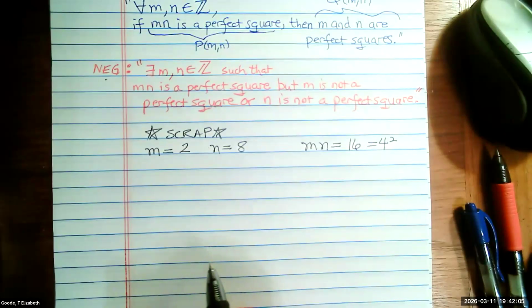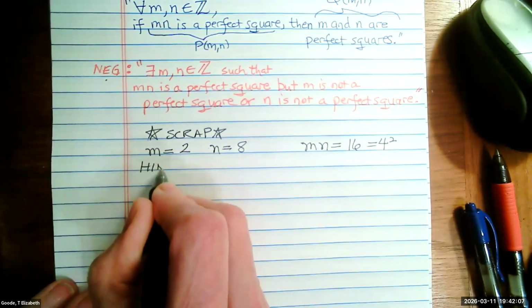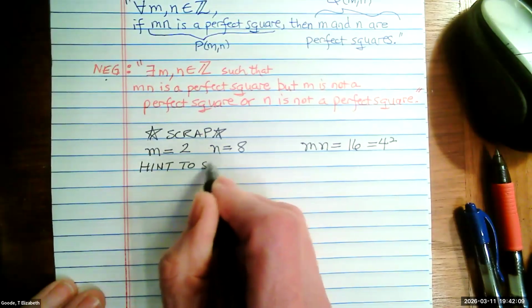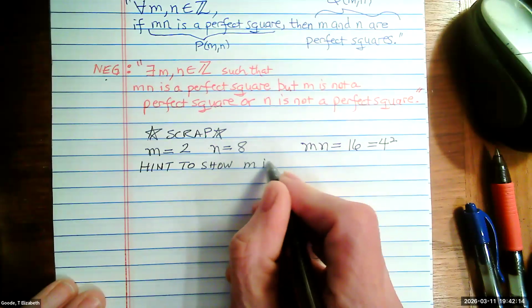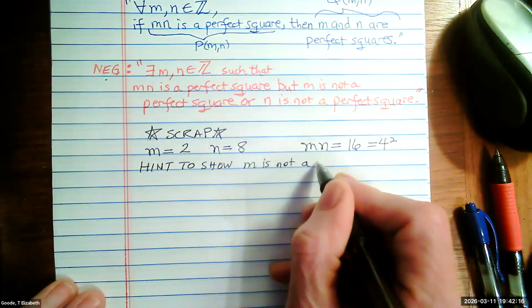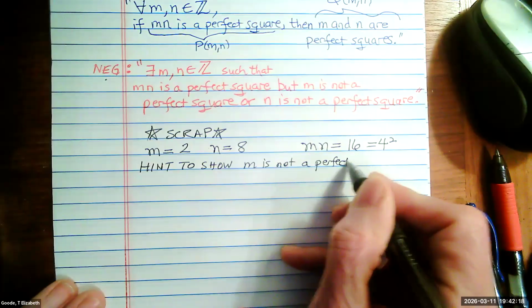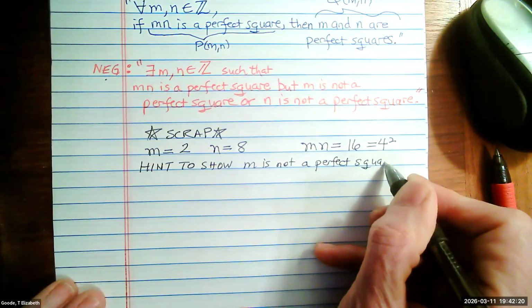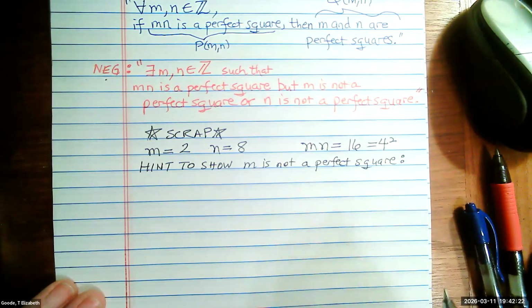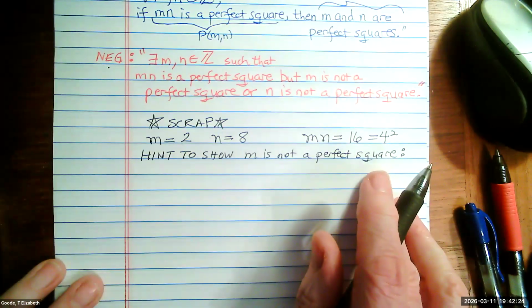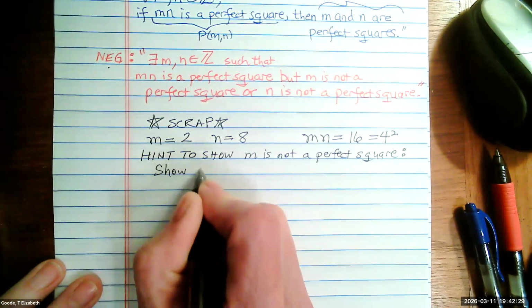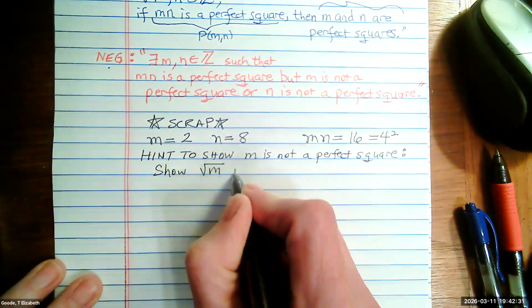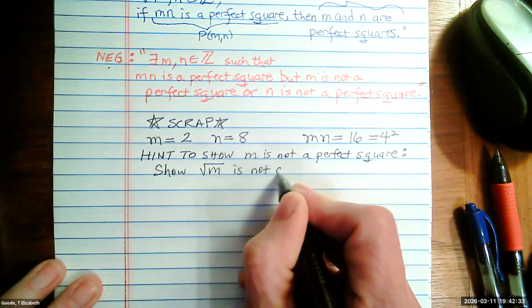Yes. And I did give you a hint, and I know there's a lot written in the special homework, but the hint is to show that the square root of m is not an integer.